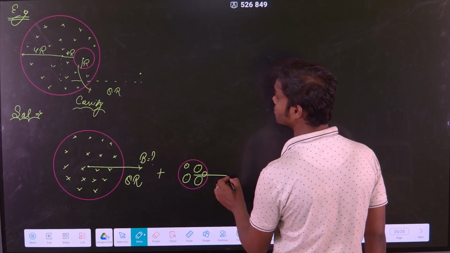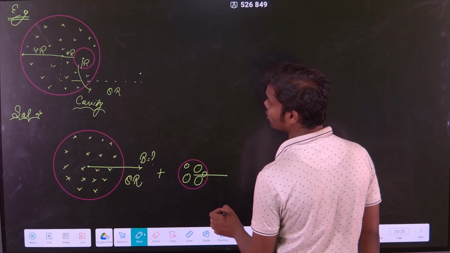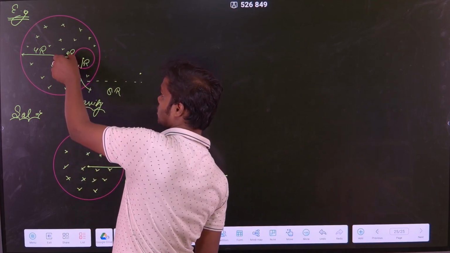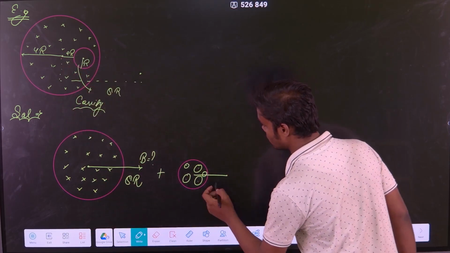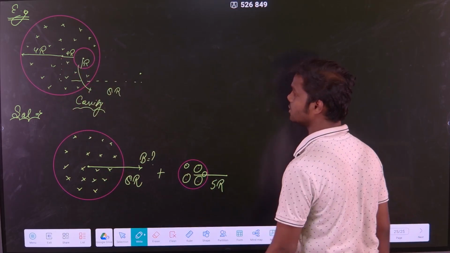From the center, what is the distance? See, this is 2R, this is R, so it will be 3R. So 8R minus 3R is how much? 5R. From the center the distance is 5R.